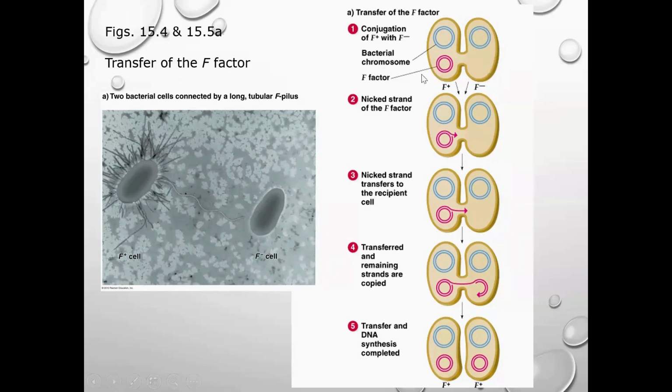This F plasmid is nicked at the origin of transfer by the TraY and TraZ nucleases, which are again encoded by the plasmid itself.